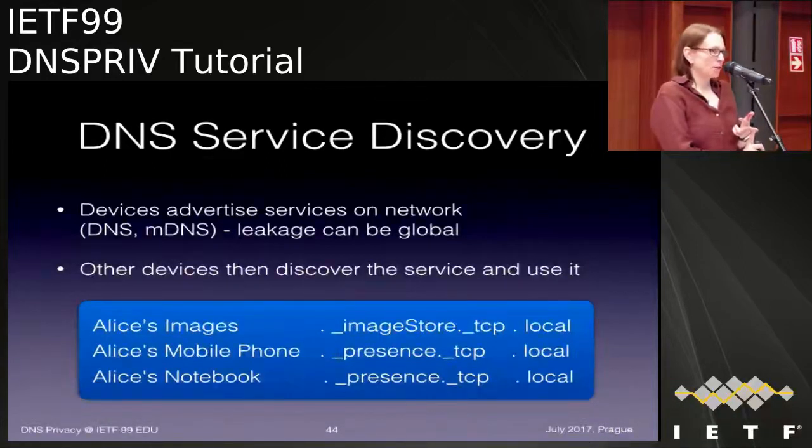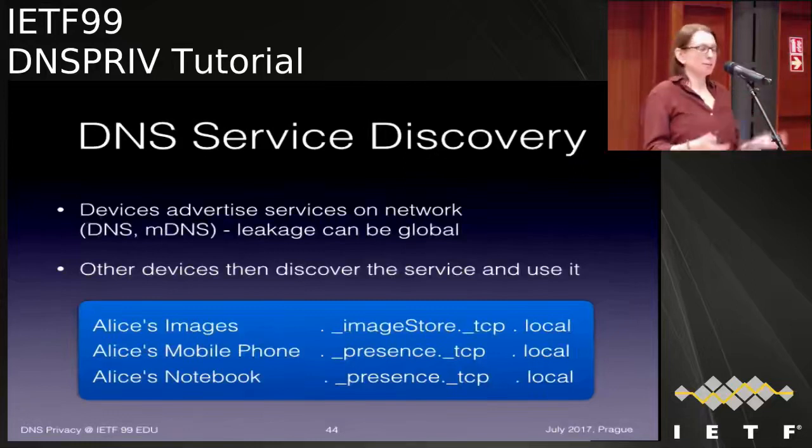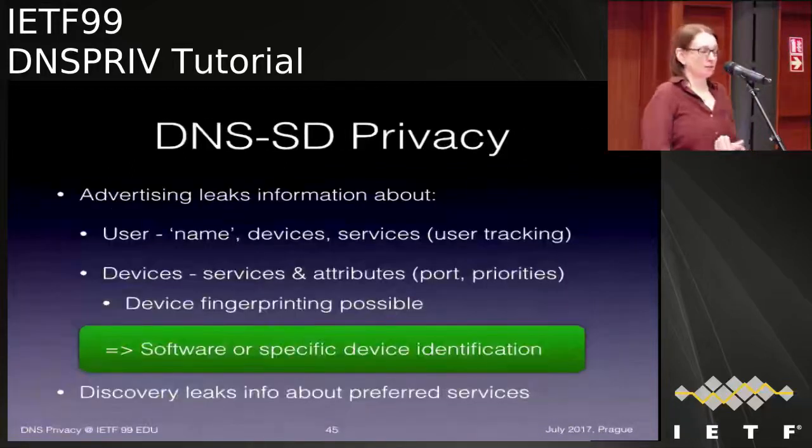So in a situation like a coffee shop where there's like 10 of you in the room, go through the thought experiment of sitting there looking at this and being able to identify each person by looking at what devices they have and whether they're male or female or various things like that. And that's what you can do very easily. What people who really know what they're doing with this can do is drill down into the details of which services are advertised with which parameters. And this allows fingerprinting of devices.